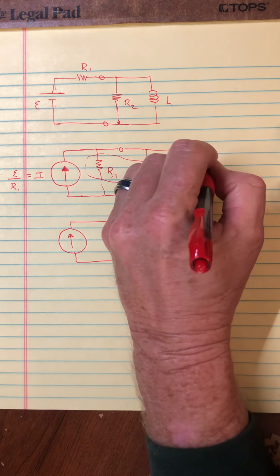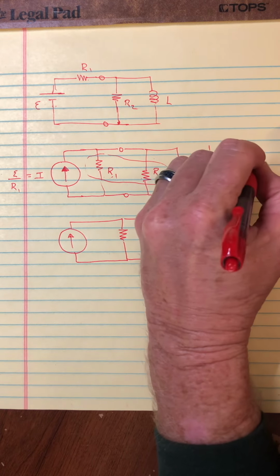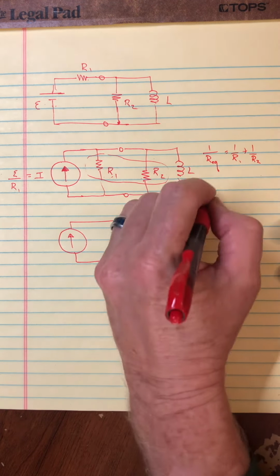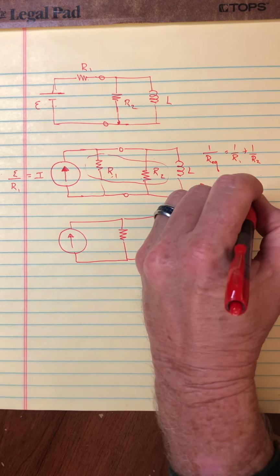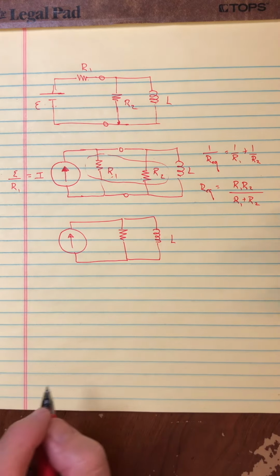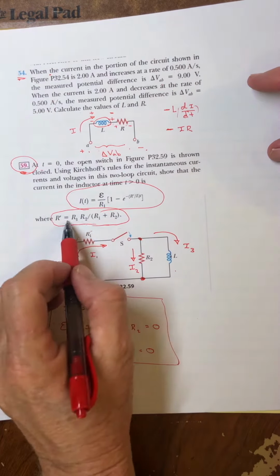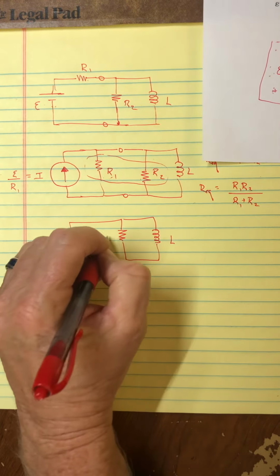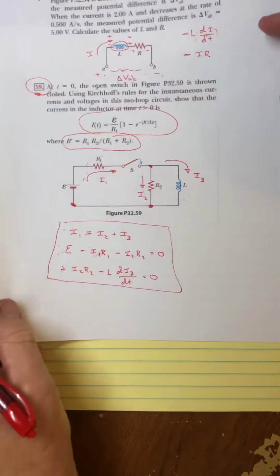Resistors in parallel, you do the reciprocal sum, which comes out to be the product of the two in the numerator and the sum of the two in the denominator. That's what in this problem your author is calling R prime. So let me just put that as R prime.